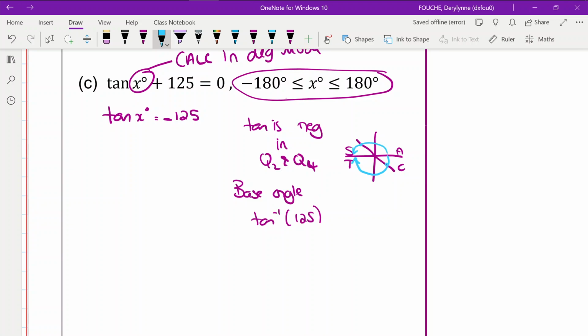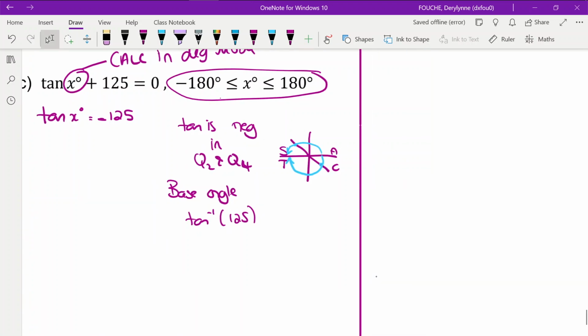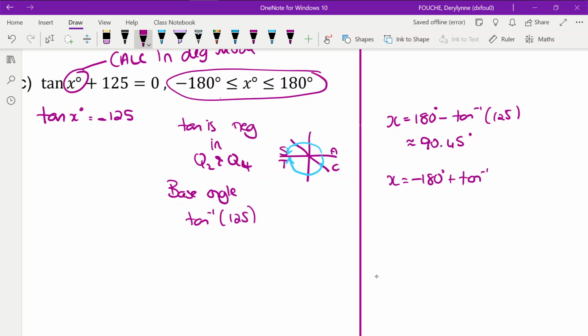I'm expecting 2 solutions. My first solution, x, will be 180 degrees minus my inverse tan of 125, and that will be 90.45 degrees. And my other solution will be negative 180 degrees plus my inverse tan of 125.